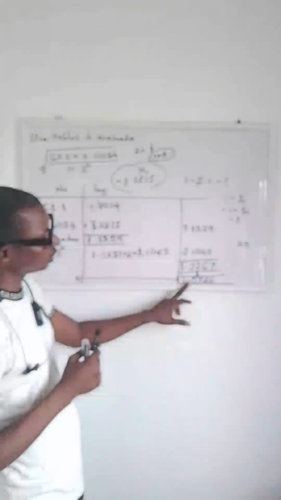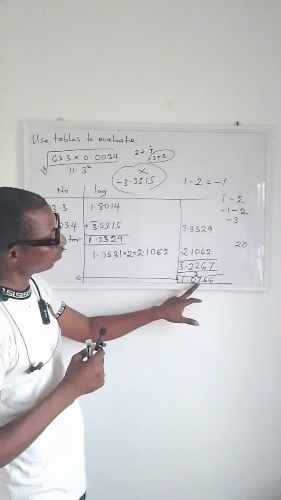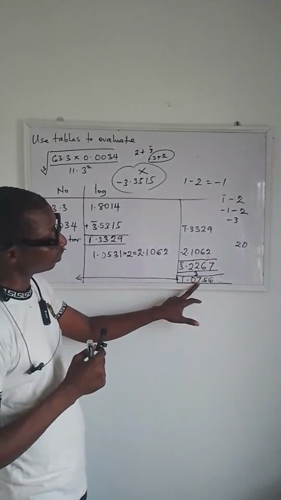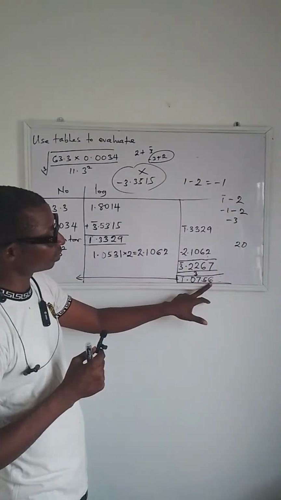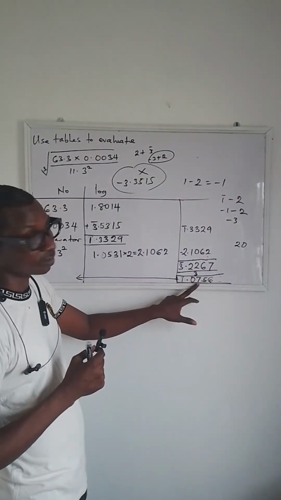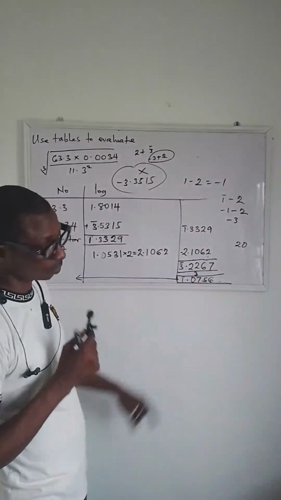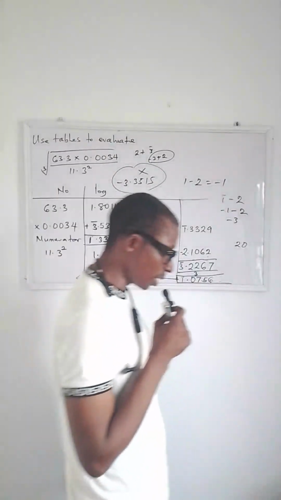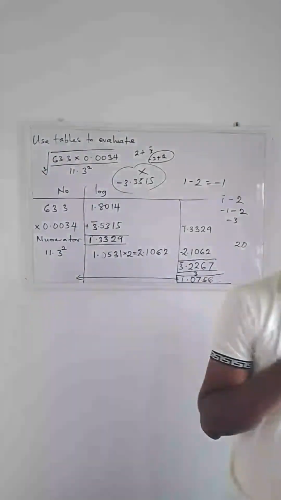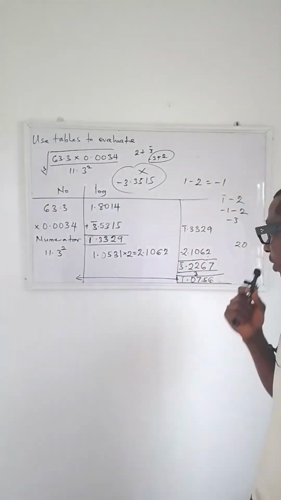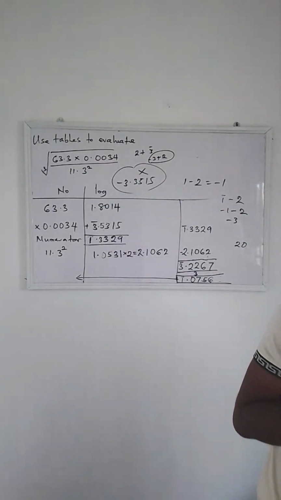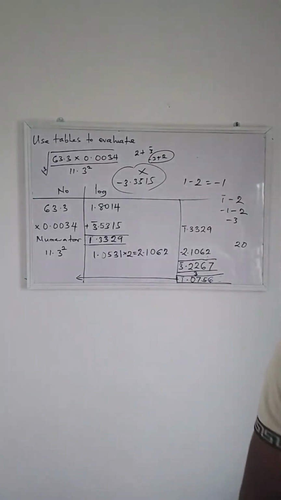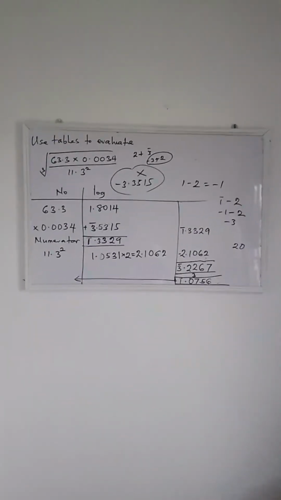Okay, so now let's change this to a number, making use of our anti-logarithm table. So you check 0.07 under 5 and add difference 6. So now let's check that and let's drop our answer. Okay, let's see what we have for that.